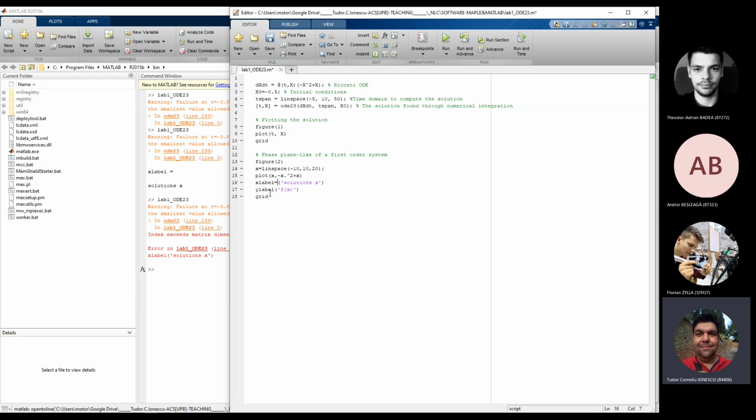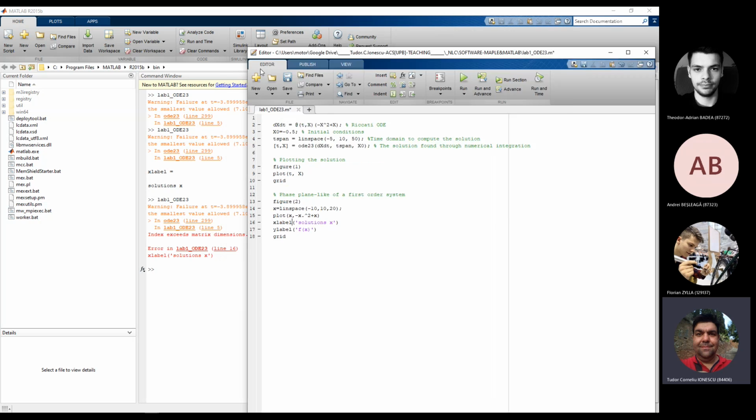Maybe you need to use the close all command to close all windows one time, because it might be that you have more than 2 plots or figures open. Maybe that's the problem. But it gave an error. It says error here, you see. So I think this is usually how you do x label and y label, right? And title, like this, right? This is how you usually do these commands.